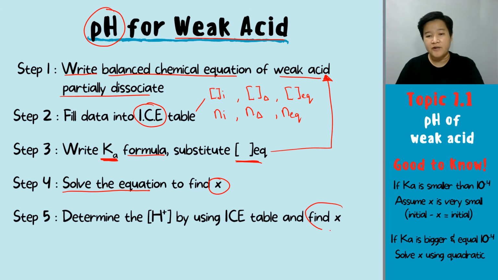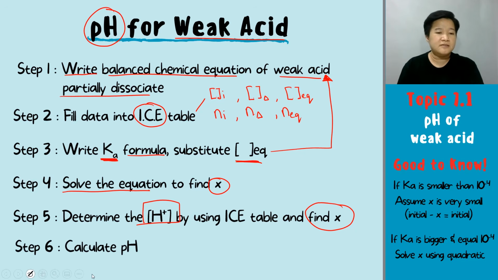After you have identified the X value, we can use it to determine the concentration of H+. And at the end of the day, when you have the concentration of H+, simply calculate the pH value by using the formula pH equals negative log concentration of H3O+.